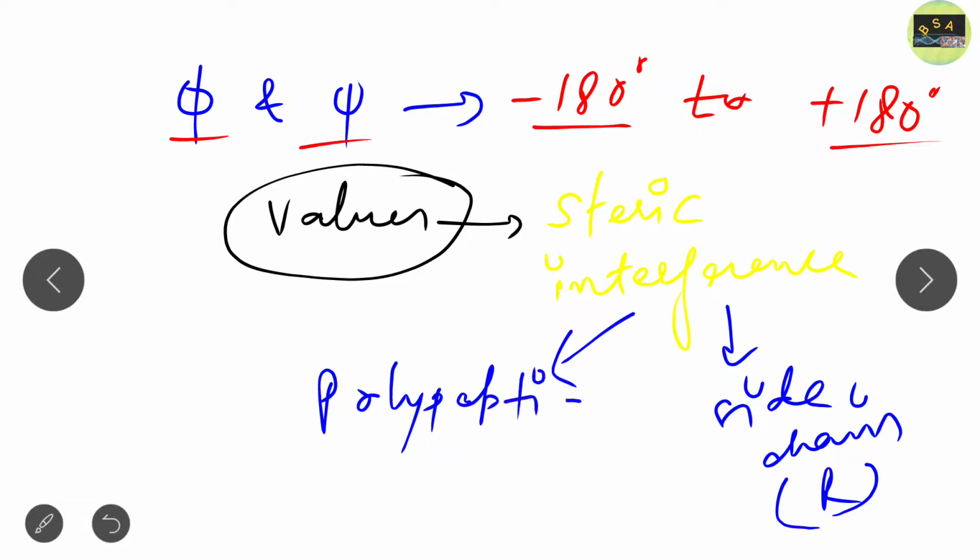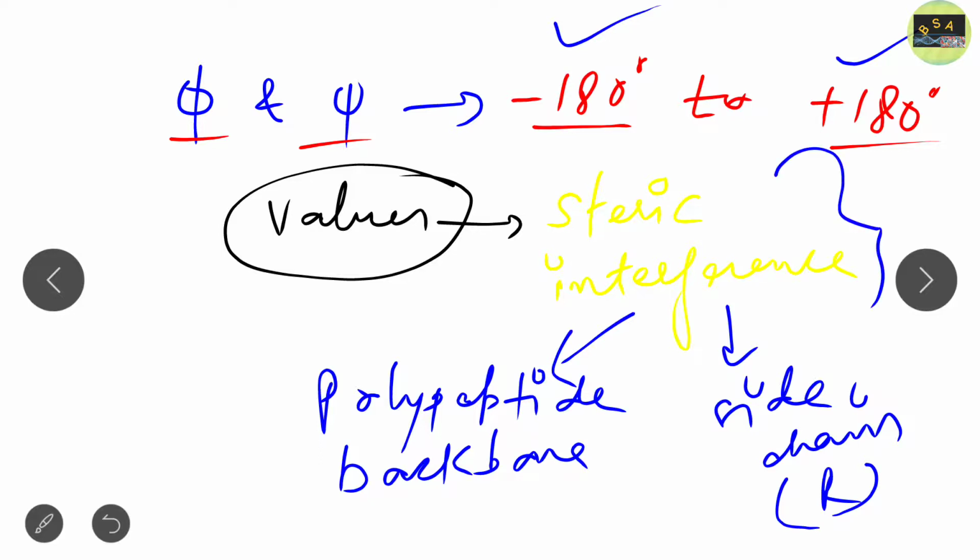Clear? So till now we studied that the phi and psi angles rotate easily and can have any values between minus 180 to plus 180. But Sir Ramachandran studied that many values are prohibited by steric interference, and this steric interference occurs either due to the side chains of the amino acid or due to the polypeptide backbone.